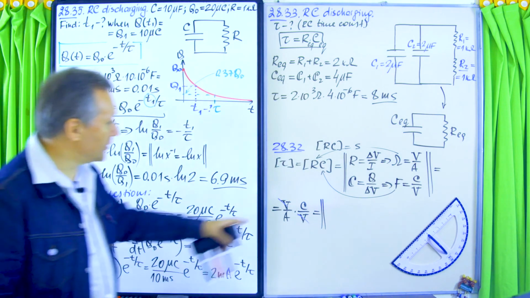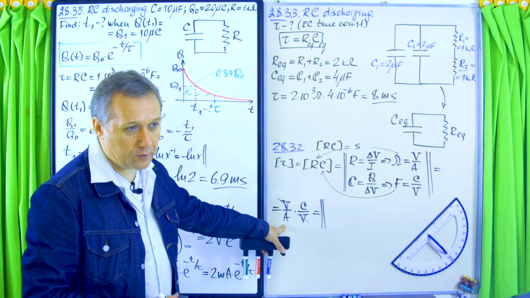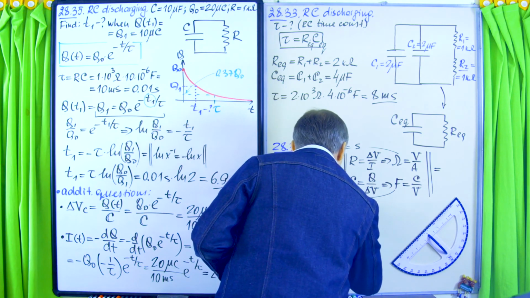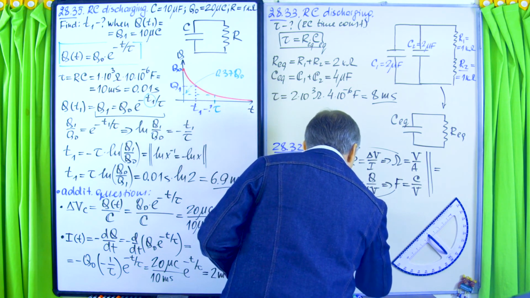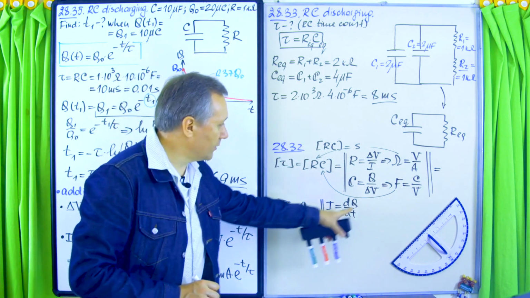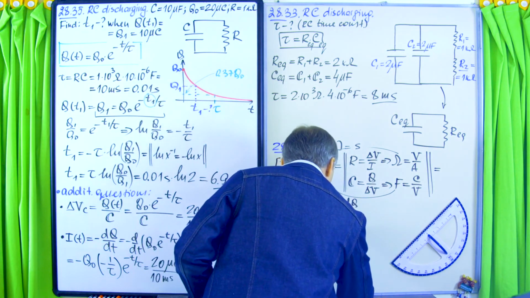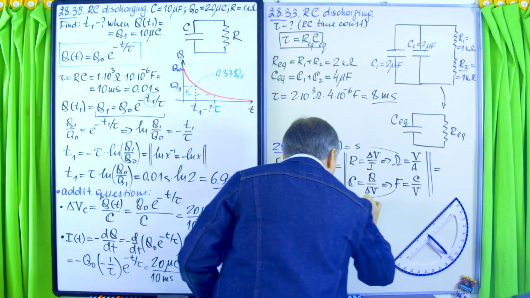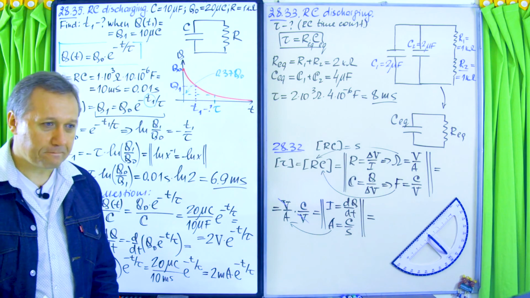Now let me write current in terms of coulombs. Again, I usually recall the definition of current, which is dq over dt. It means that amps equals coulombs divided by seconds. So that's what I'm going to use instead of amp.